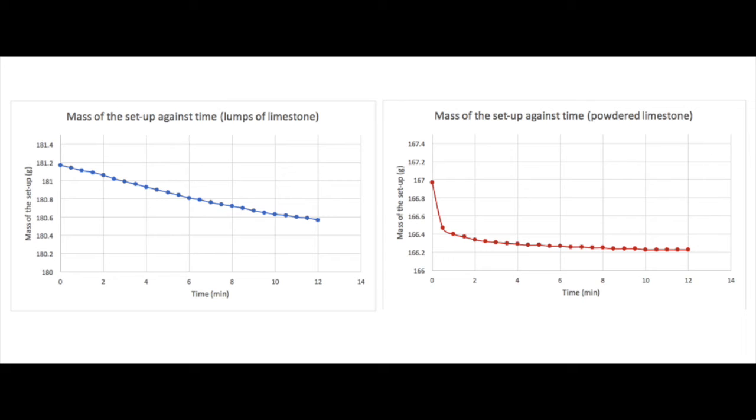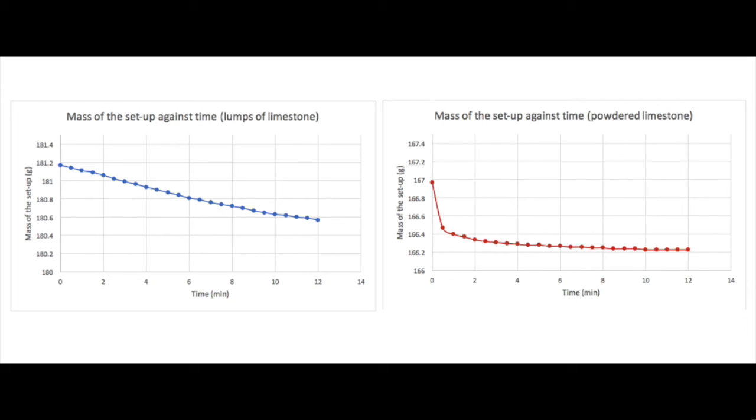Now, another thing you have to pay attention to is the total mass changes of the two setups. You notice that no matter which one, the total mass change of the setup is around 0.8 gram. This is because we are adding approximately 2 grams of limestone into the acid, and the acid is used in excess.